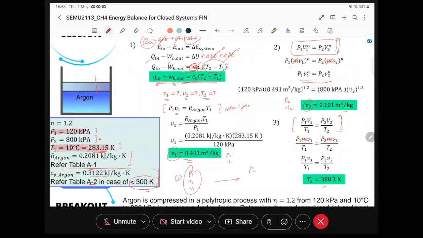Now it goes to P2, T2, V2, state number 2. That basically allows us to find out the right-hand side of the equation. Then from there we can calculate this.